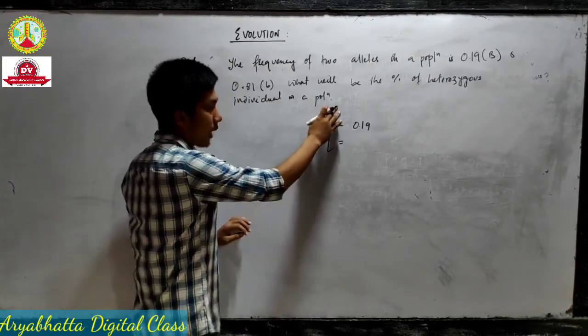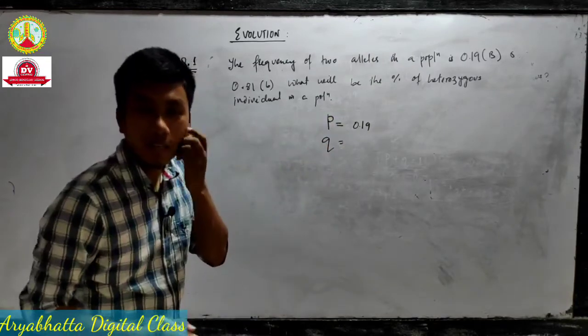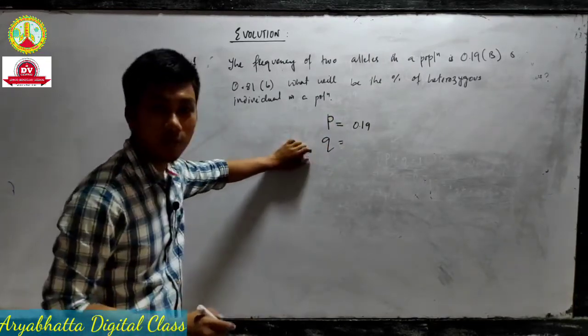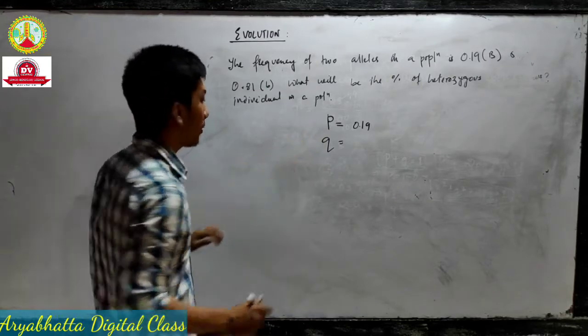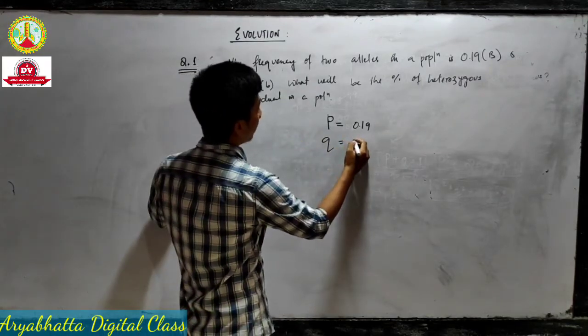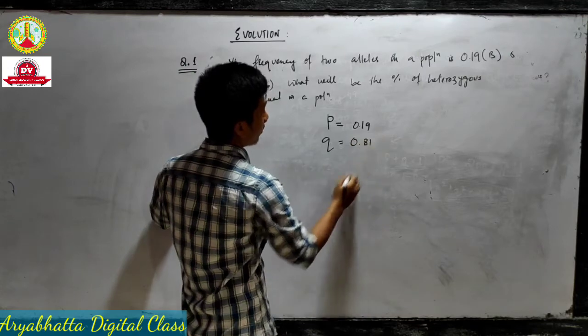So the small letter q, that is recessive, is given as 0.81.